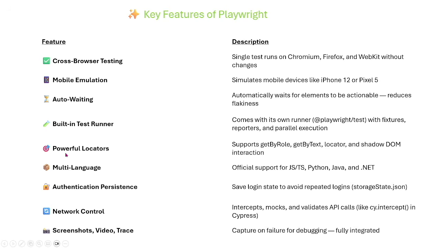Powerful locators: support get by role, get by text, locator, and shadow DOM interaction. Multiple languages: officially supports JS, TS, Python, Java, and .NET.